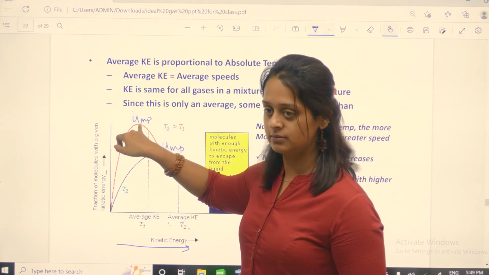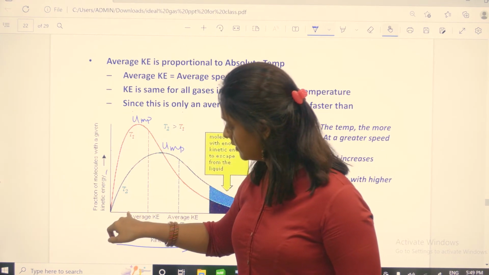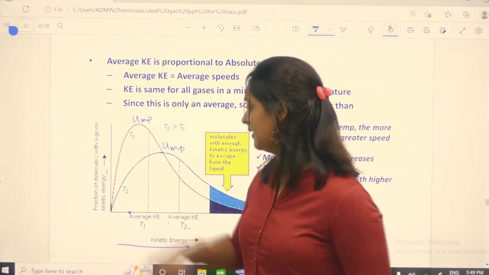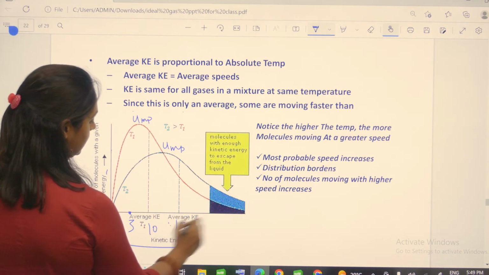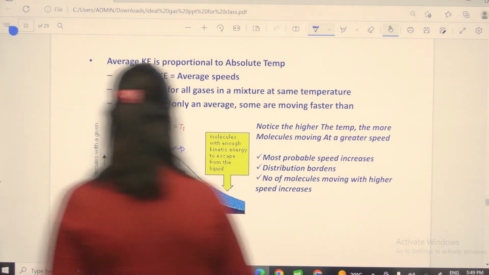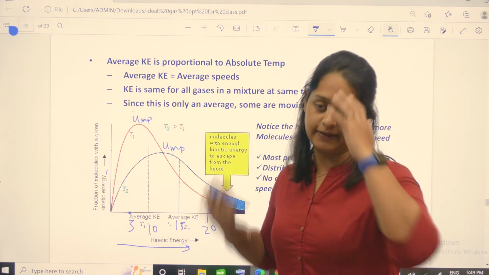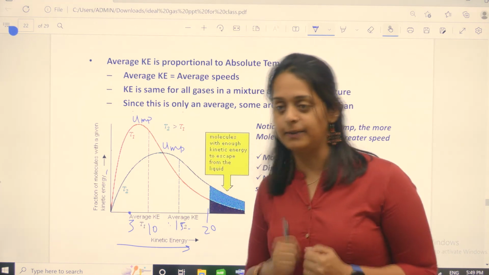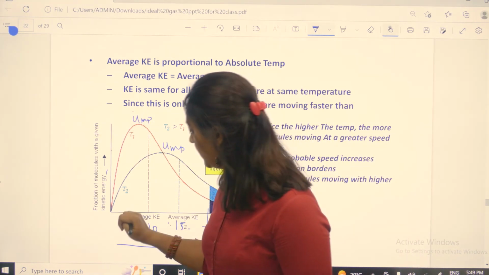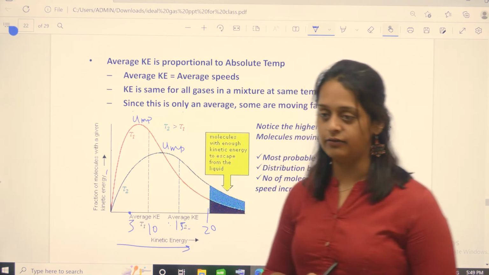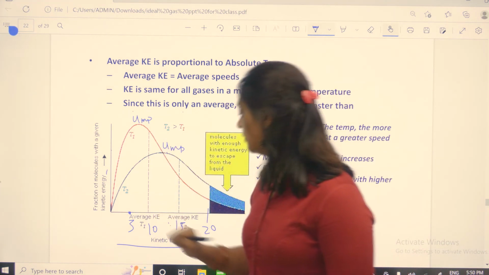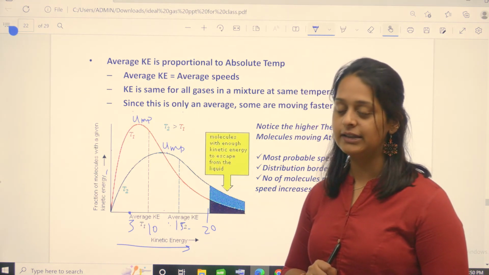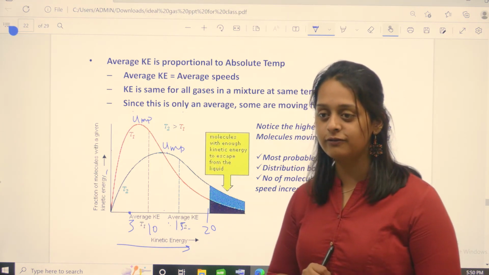UMP is here, and the speed would be somewhere, let's say 5, 10, 15, 20 meter per second. So UMP for the red graph is 5, and UMP for the blue graph is 10, which is higher.